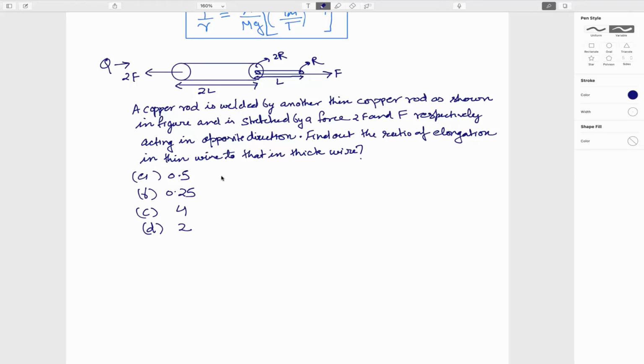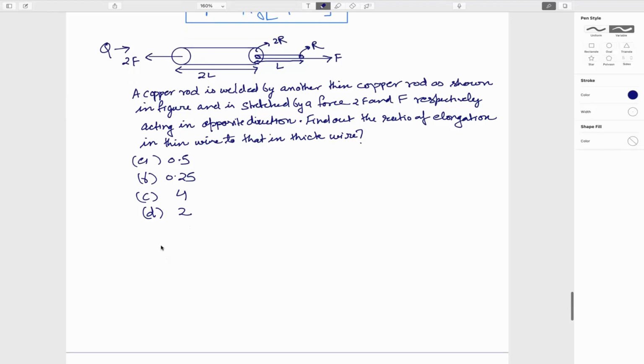Okay, so let's find out the solution. To solve this question, first we need to understand the forces that contribute to the generation of stress in the system.